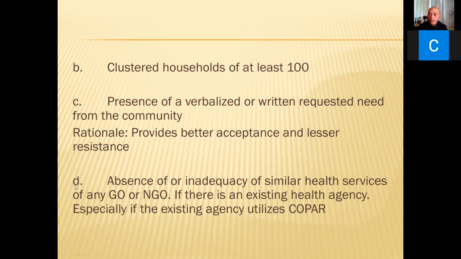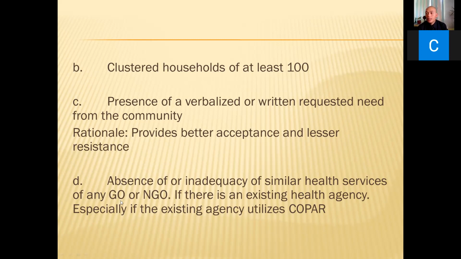Letter D, absence or inadequacy of similar health services, from any government organization or non-government organization, especially if an existing health agency still utilizes COPAR.